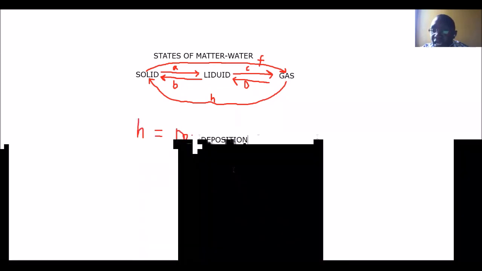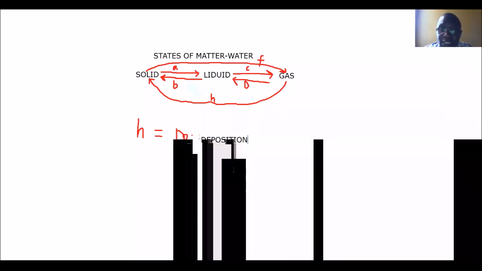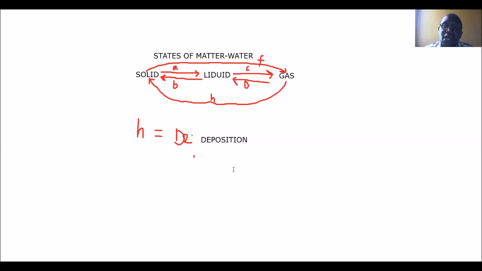So that diagram shows that states of matter are examples of reversible physical changes. When we talk about a physical change, it does not have any impact on the chemical composition of a compound.